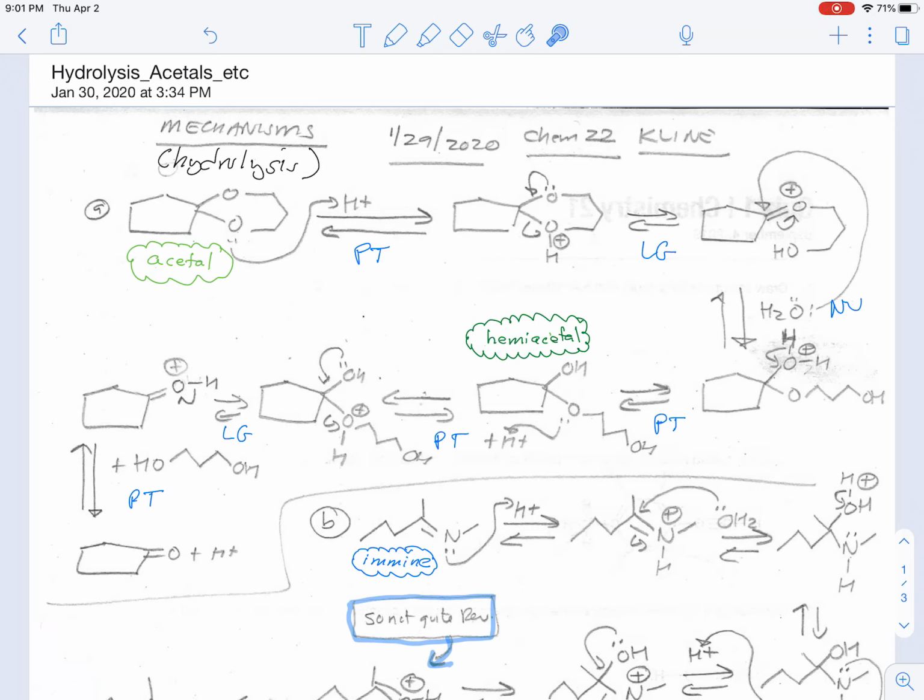You may or may not remember from your general chem the principle of microscopic reversibility, which says that if a reaction goes forward by a series of steps, the reverse is the same but backwards. And that certainly works in this case. If you look at these steps backwards, they're the steps to take the carbonyl compound and make the acetal out of it.